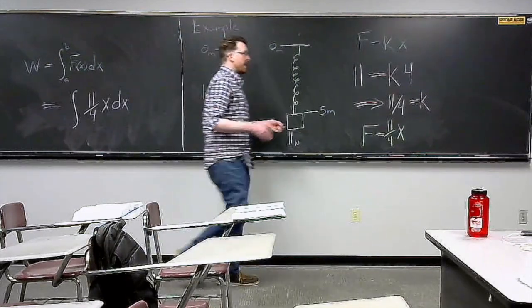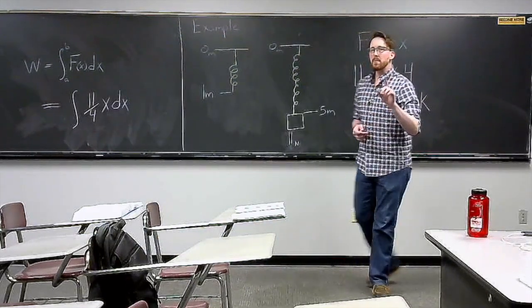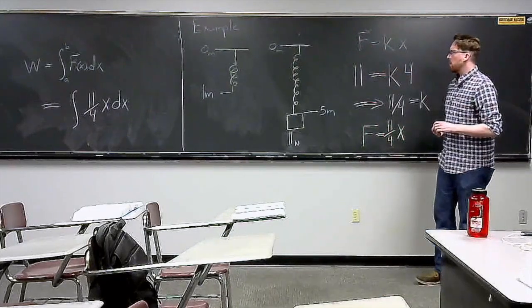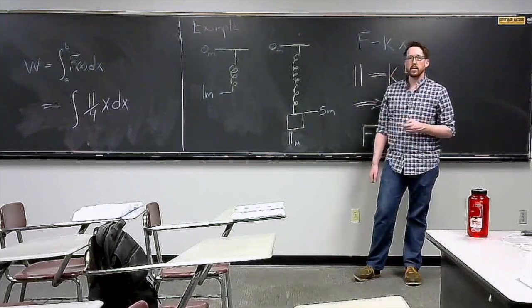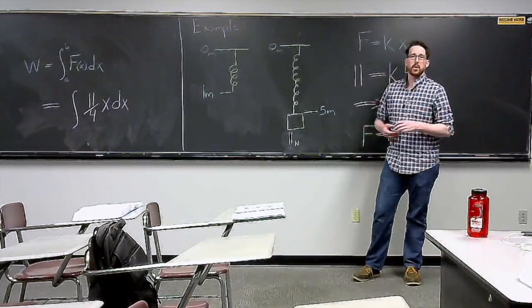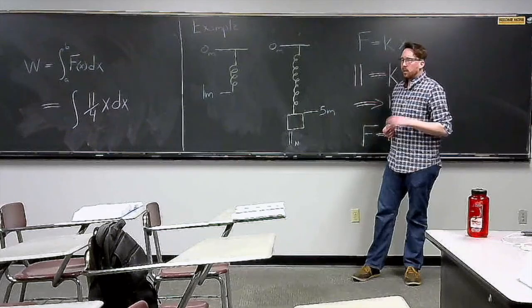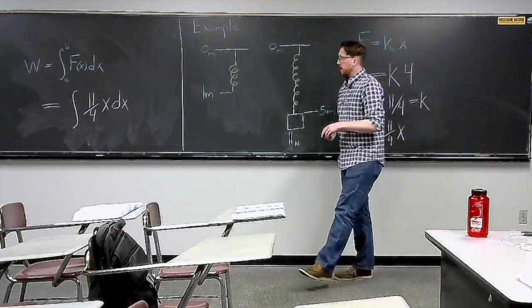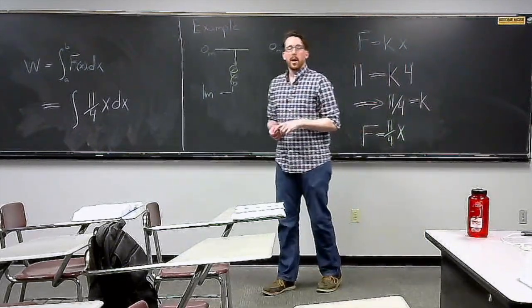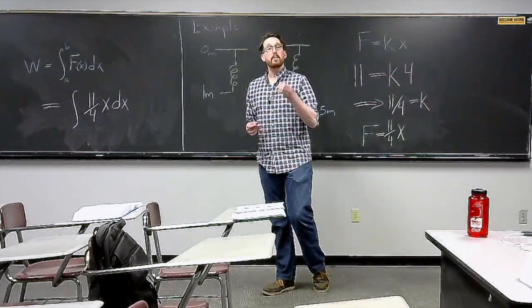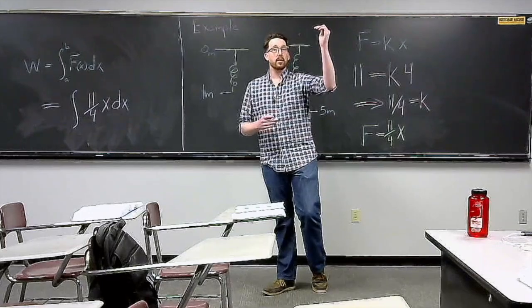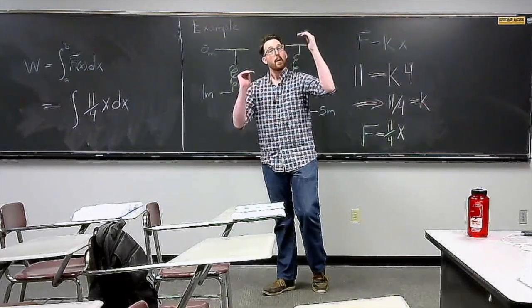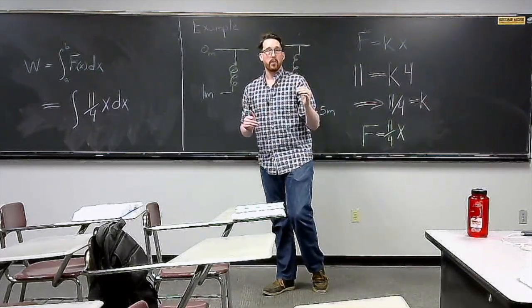Now, what are our a and our b? You might be tempted to say, well, obviously a is equal to 1 and b is equal to 5. Seems like the obvious choice, right? It does seem like the obvious choice, but it would be wrong. The reason why it's wrong is this is measuring displacement, not initial distance to final distance, but the displacement itself.